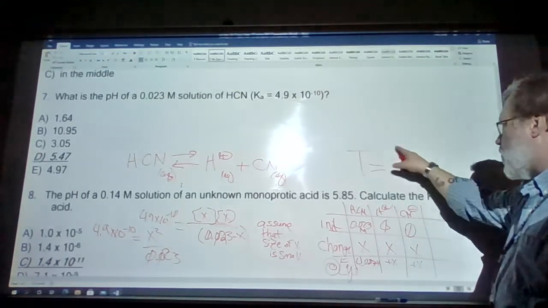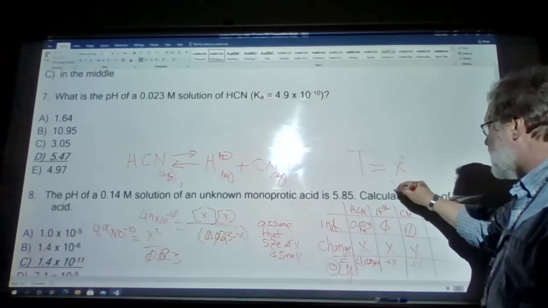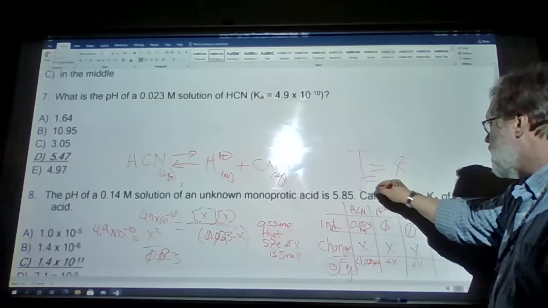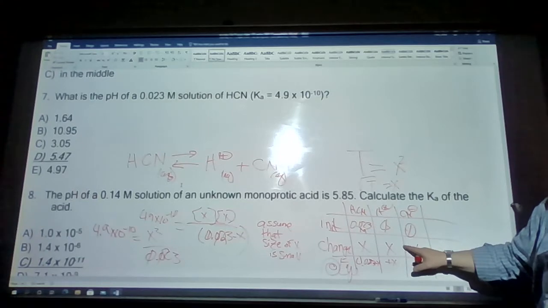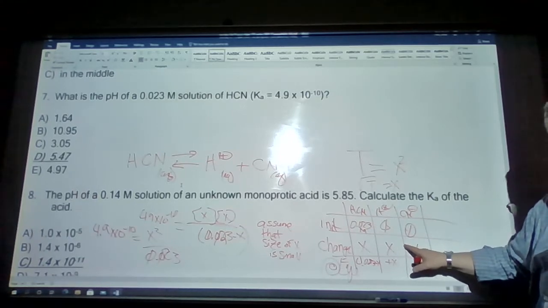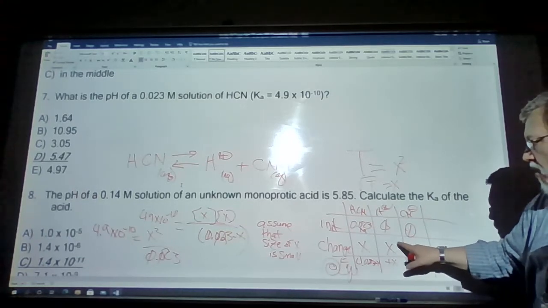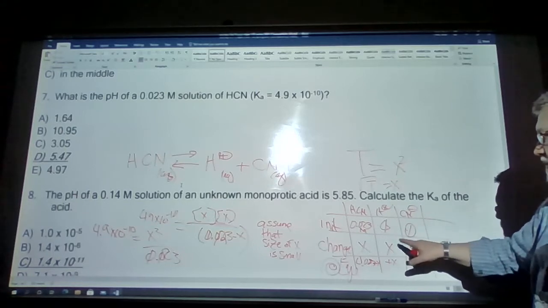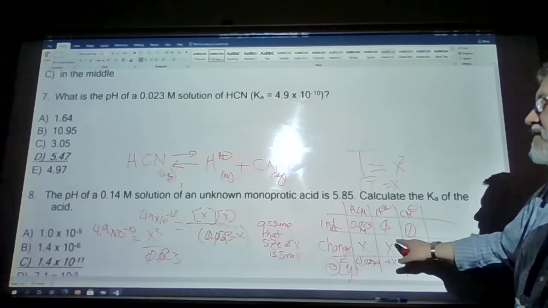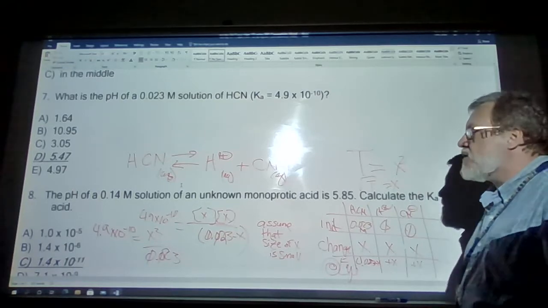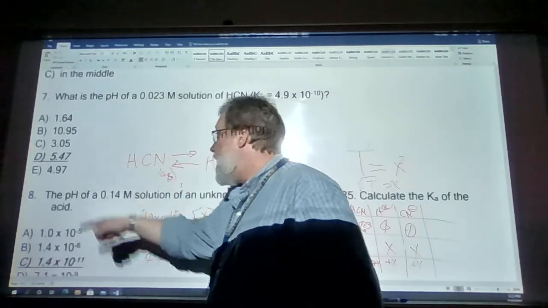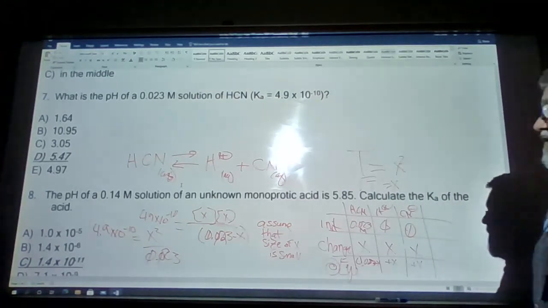We take the square root of this value, then we have the value of X. Remember, X represents how much hydrogen ion we have at equilibrium. We do the minus 1 times the log base 10 operation on that value. We come out with a pH of about 5.47.